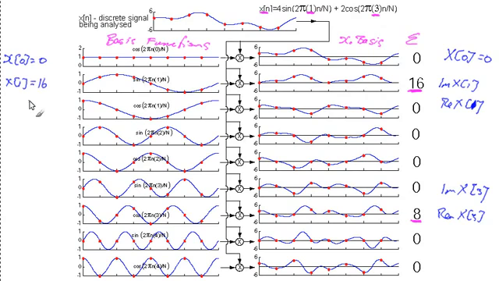x2 will be equal to 0. x3 will be equal to 8 plus 0j. And x4 will be equal to 0.